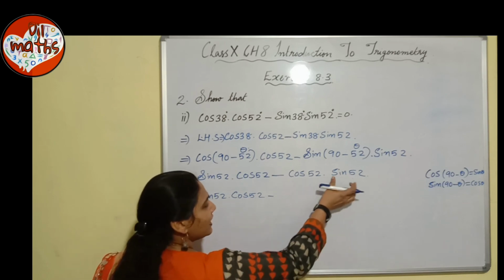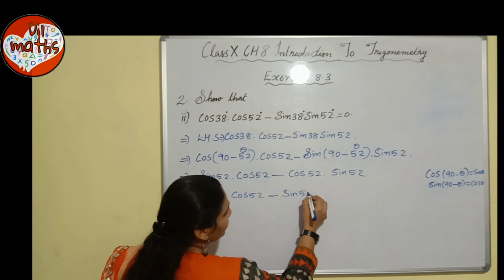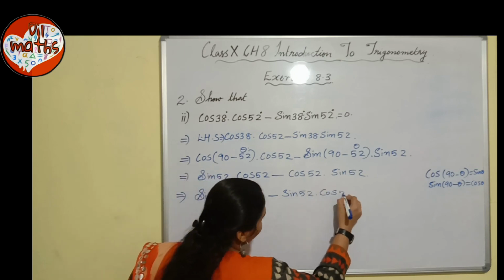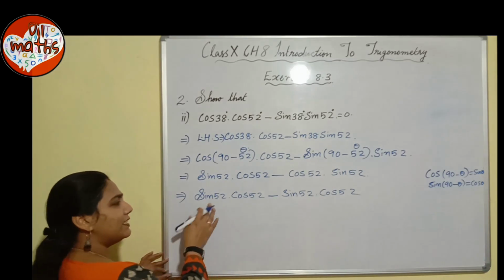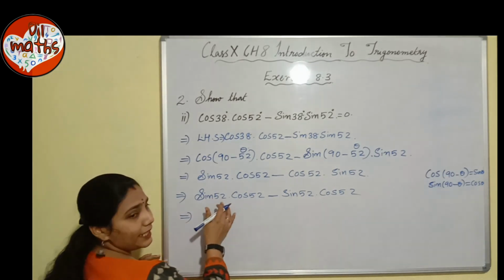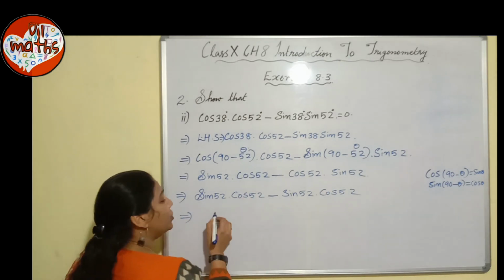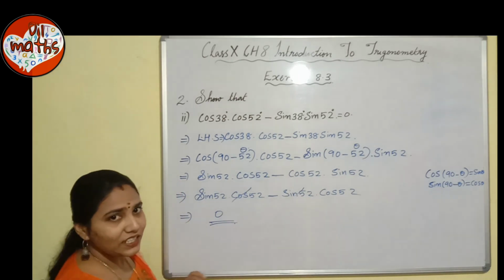And in the second term I can write sin 52 into cos 52. Just rearrange and write. Now we can see that both the terms are equal. So we can subtract this, and what do we get? You will get the answer as 0, or you can cancel this and you will get the answer as 0.